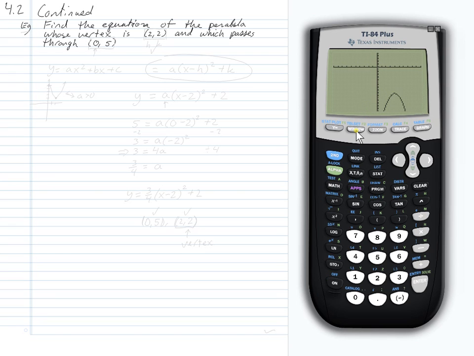So let me use a window from negative 2 to 10, and I'll look as far down as negative 60. And let me change my y tick marks to be every 10 units, just like we did on paper.